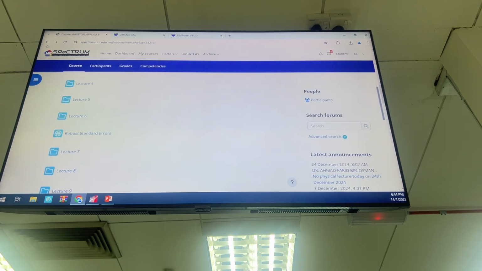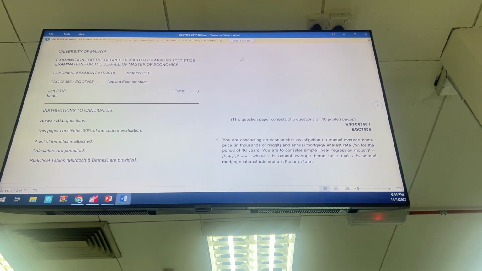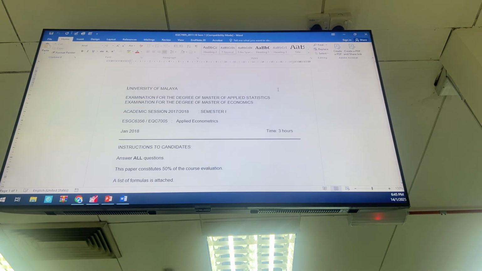Okay, just one more thing on the sample of the question. So this one is just a sample of the question. For the final exam you have to answer this one; previously it was 50%, but now only 40% is the final exam. So there will be 4 questions, and each question carries 10%.